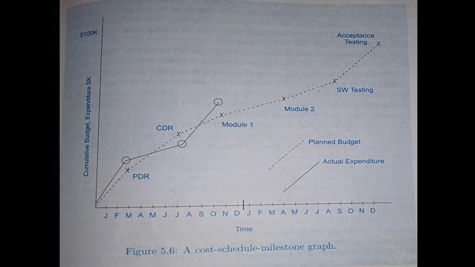PDR means preliminary design review, and CDR refers to the critical design review. The first is at the beginning of the project, the preliminary design review, and the second is the critical design review. The third stage is module 1, the fourth is module 2, the fifth stage is software testing, and the final stage is the acceptance test.